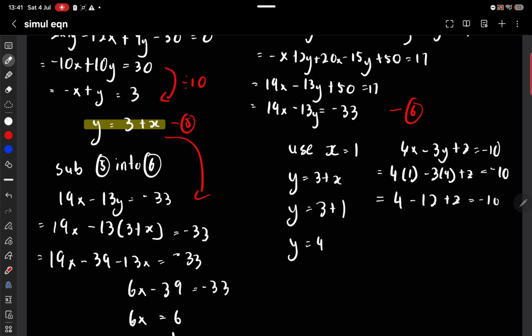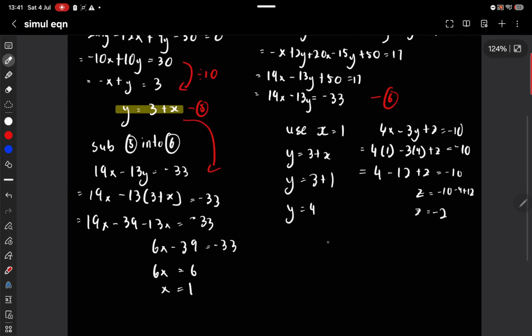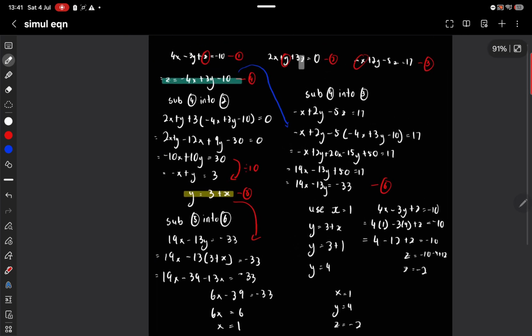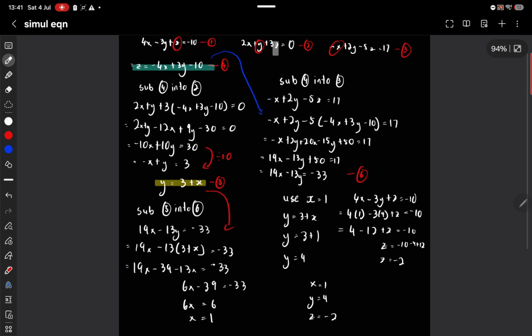So our z value is going to remain here, and the negative 10 is going to remain in the back, minus 4 plus 12. So our z value is, you can use our calculator, negative 10 minus 4 plus 12 is negative 2. So we've established that x equals to 1, y equals to 4, z equals to negative 2. So this is how we do the whole thing using our substitution method.